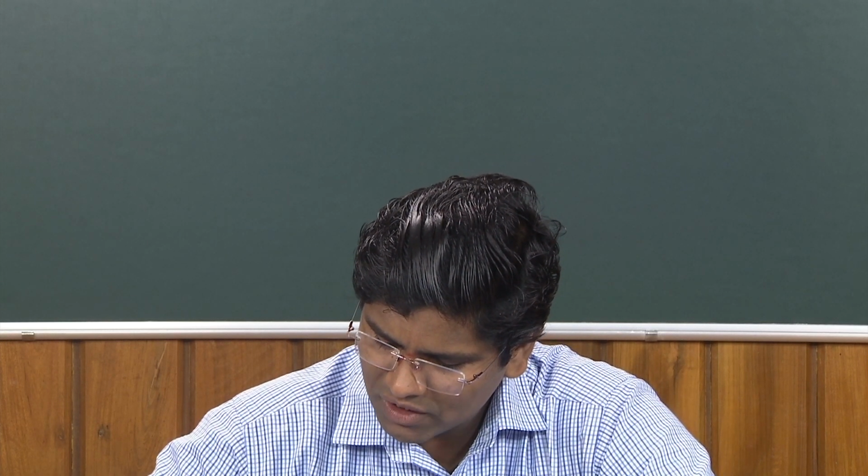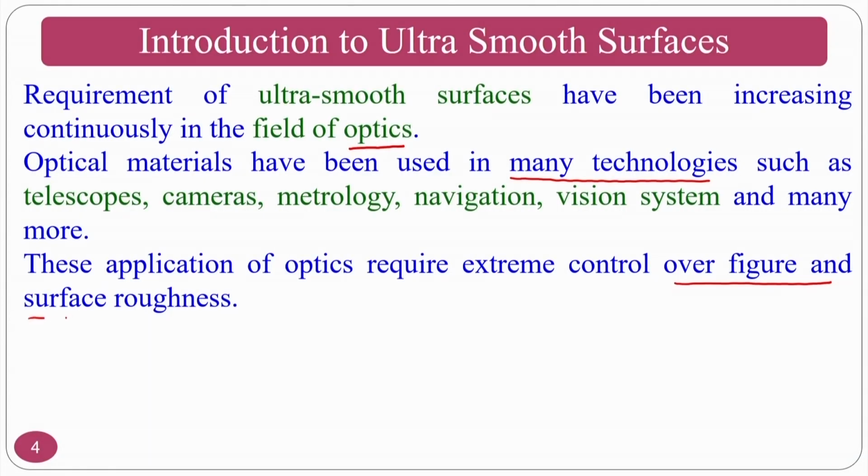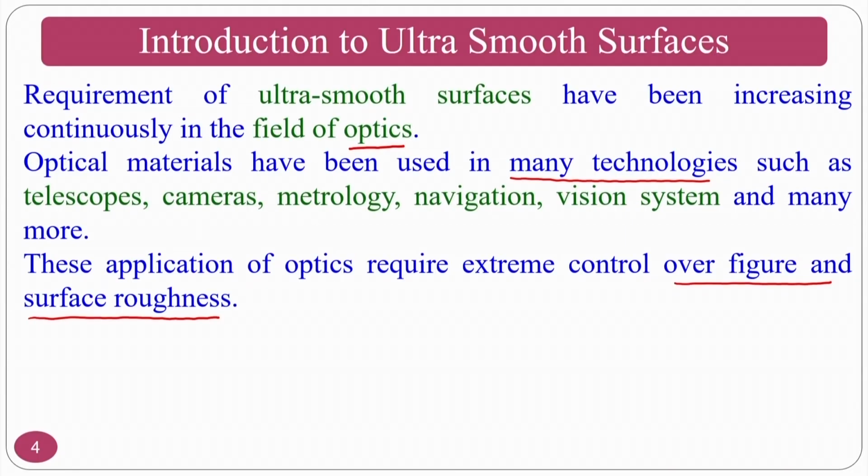So, if at all I have a scratch mark on my eye specs, what will happen? My vision will always be disturbed. So, you should not have any type of scratches on it. For that purpose, people normally go for the elastic emission machining process. These applications of optics require extreme control over the figure as well as the surface roughness. For the roughness, obviously you know the center line average value or RMS value or maximum peak to minimum value.